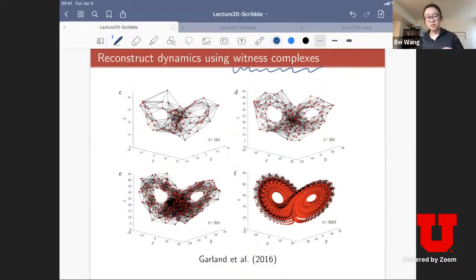But the witness complex is a special, interesting scenario: if I have a point cloud, I choose some form of anchor points and use the distance to those anchor points to construct my filtration. That's the high-level picture. What I showed here is what my witness complex looks like as I sample more and more points from my Lorenz attractor. Of course, as I increase my sample density, I eventually get a much better reconstruction.